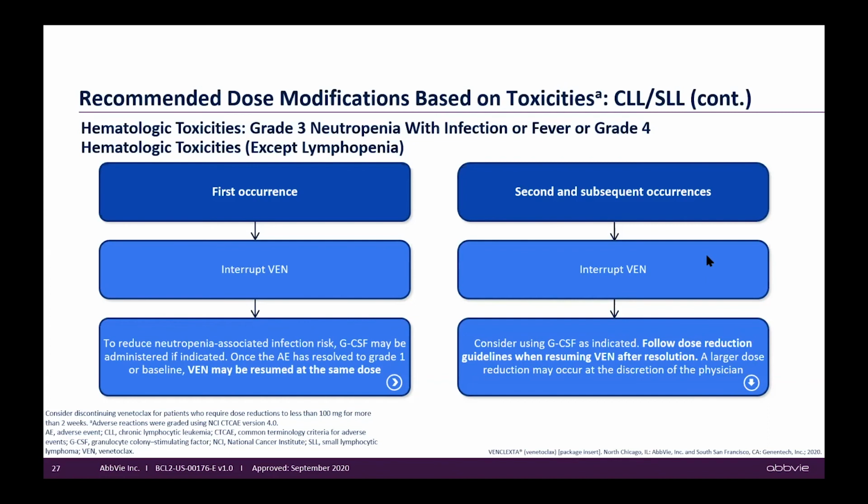Once toxicity resolves to grade 1 or less, we can resume venetoclax at the same dose level if that was a first occurrence. For grade 3 neutropenia with infection or fever, or grade 4, for second and subsequent occurrences, we would interrupt and then restart at a lower dose level per the chart prior.